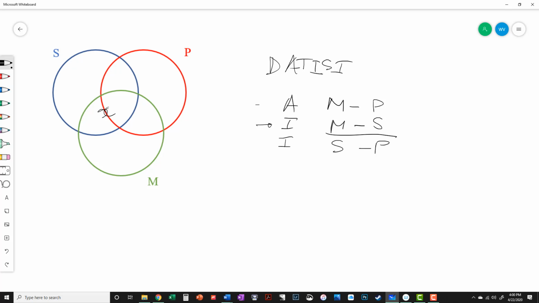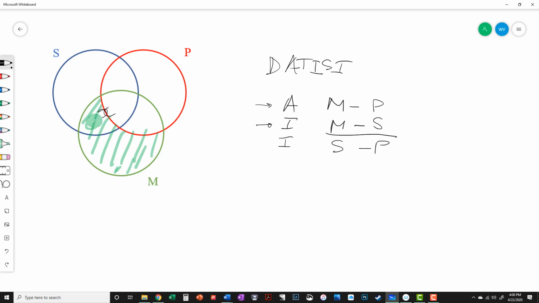But now, when we diagram the universal premise, when we're dealing with all M is P, we will have to say that the whole of this region out here is shaded in. That means that this X can't be in this region over here, it has to be in the other area.